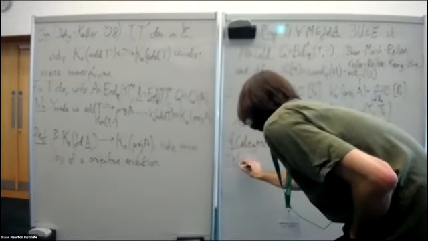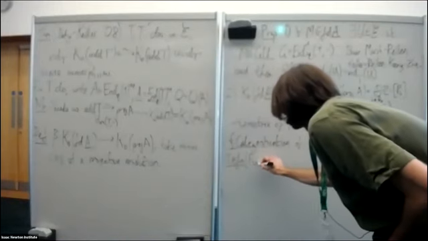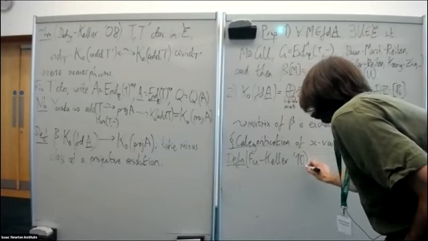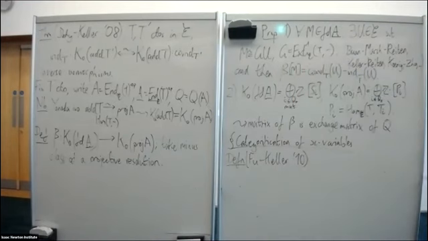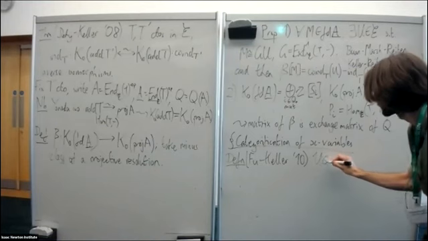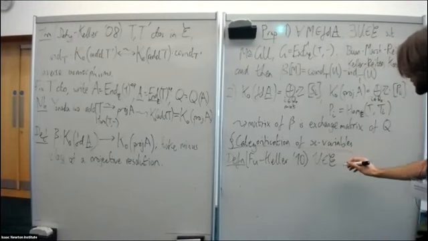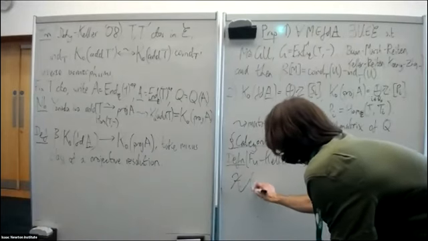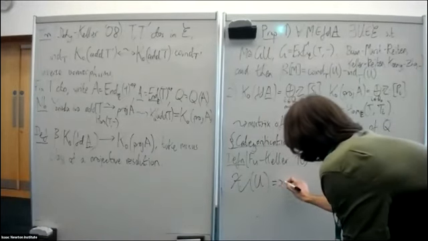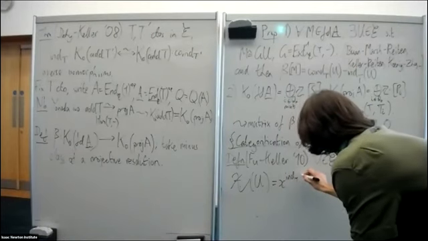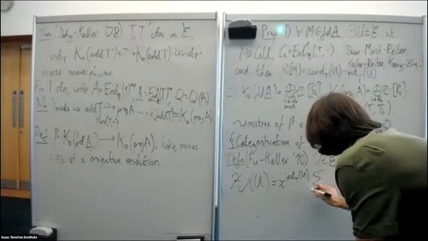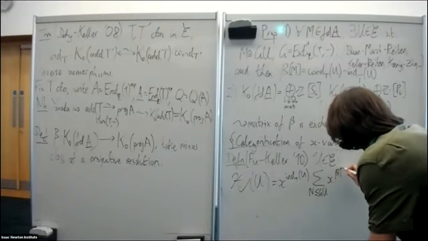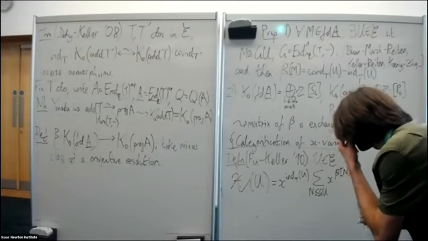So the definition of the following function is due to Fu and Keller from 2010. I take U in E. I still have my fixed cluster tilting object T. I'm going to define X of U to be X to the index of U times the sum over submodules of G of U, X to the beta of their class.